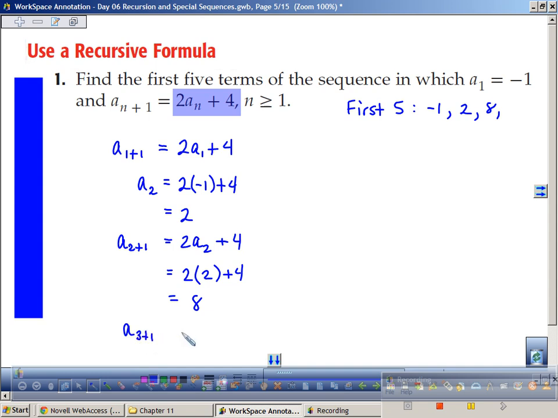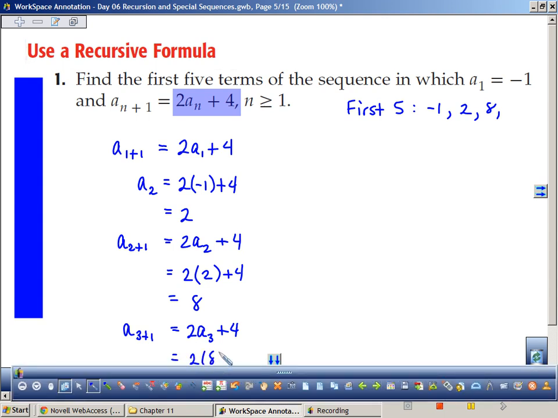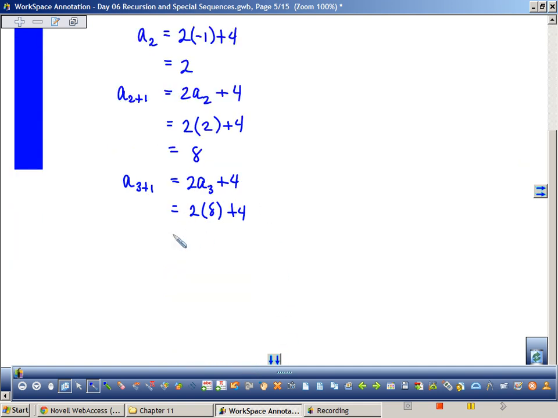A sub 3 plus 1 equals 2 times a sub 3 plus 4, which gives you 2 times 8 plus 4, which is 20. There's your fourth one.